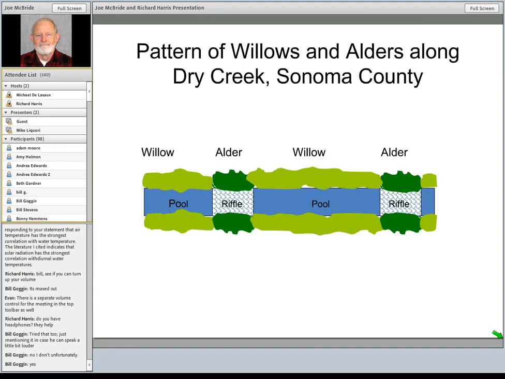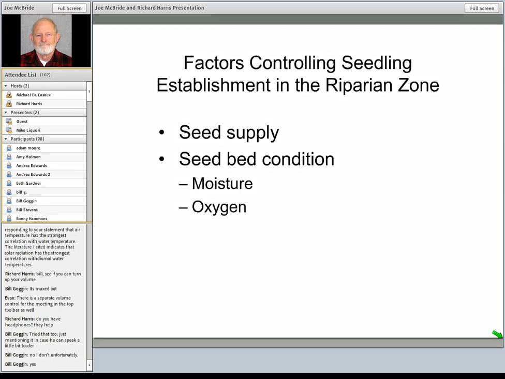The alder, without having parenchyma tissue, doesn't have the ability to move oxygen down to its roots, so the oxygen provided in the water in riffles compensated in part for the lack of oxygen in the pools that the willows were accommodating due to their parenchyma tissue.